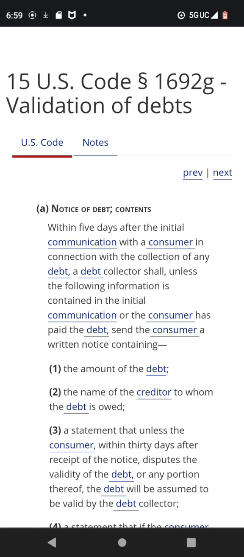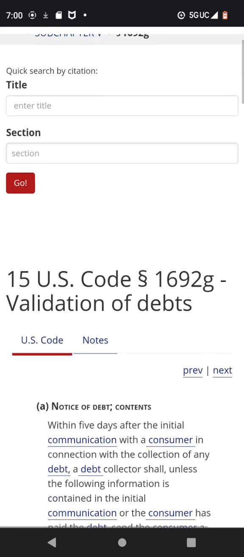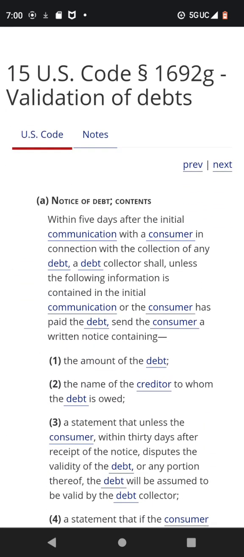From your letter of cure, you would put these people in default, and then you would be going to arbitration and then litigation, because that's what you have to do. Most of these companies are going to have an arbitration clause, so you're going to have to go through arbitration first, play that game before you can litigate. But every debt should be validated, and that is just how it is.